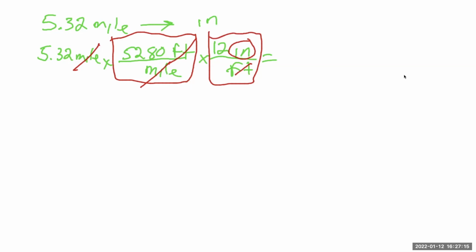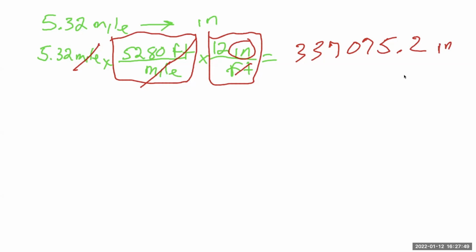So our top number is 5.32 times 5,280 times 12 equals 337,075.2. Okay. Now that's in inches. We make sure everything cancels.